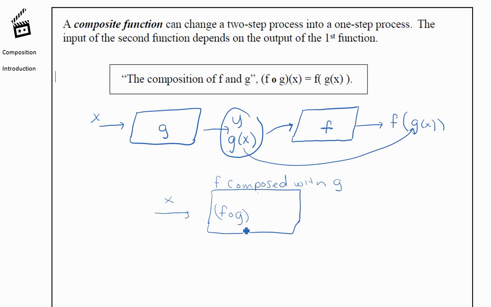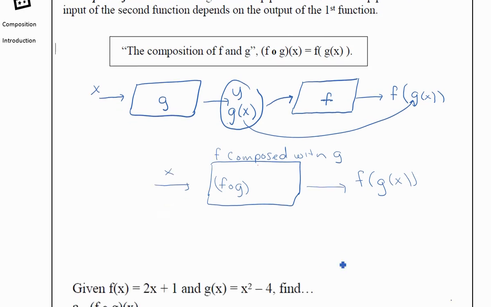It's first going to go into g, then it will go into f. And we get out what's called f composed with g of x, just like we did up here. We'll talk a little bit about how to find this algebraically, but that's the main idea. You're putting in a value and you're really doing it to two functions.